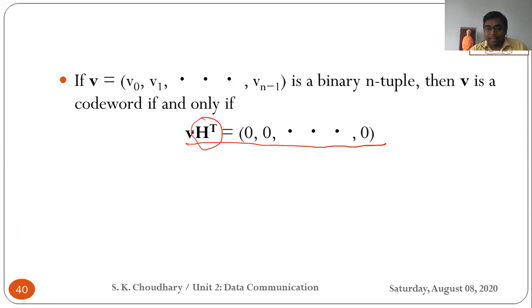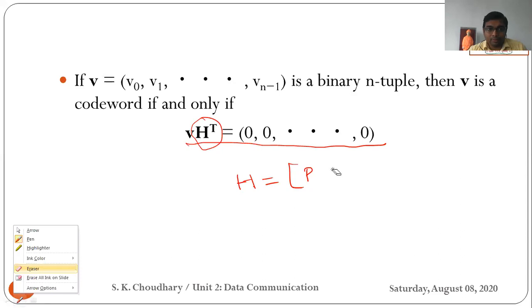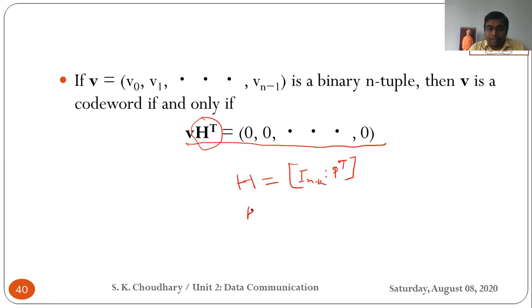So what is H transpose here? First of all, H is defined as in the previous equation, H = [I_{n-k} P^T]. So H transpose is what? Again we change the rows and columns.